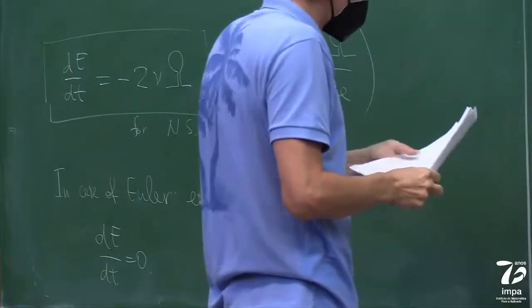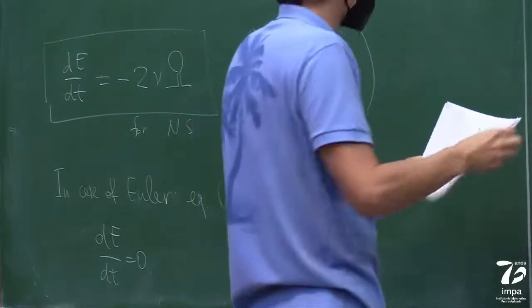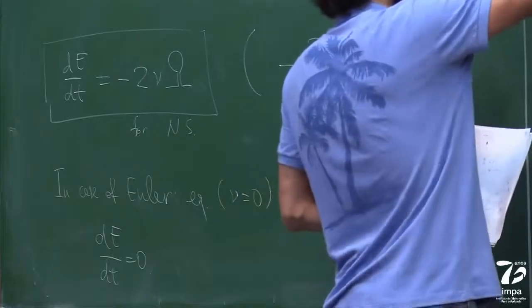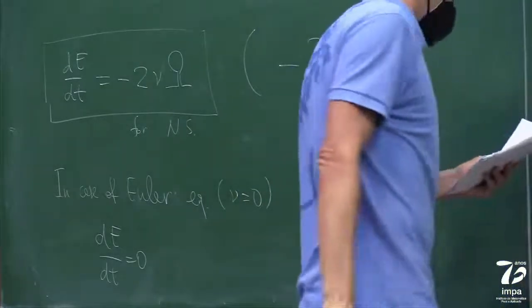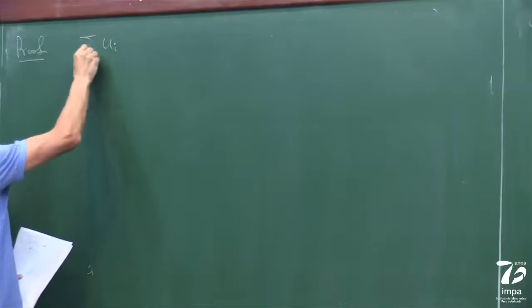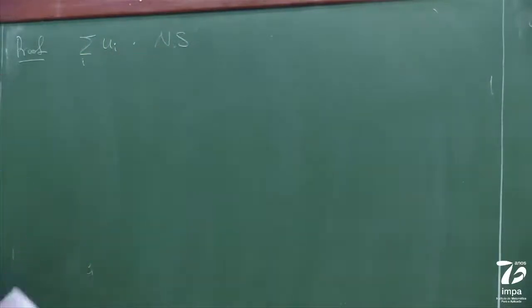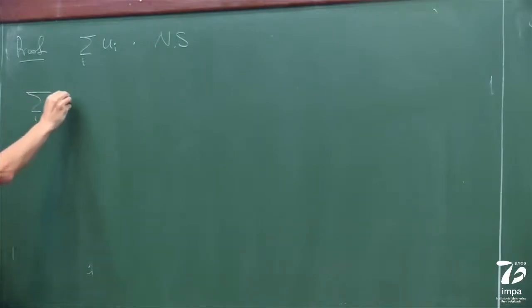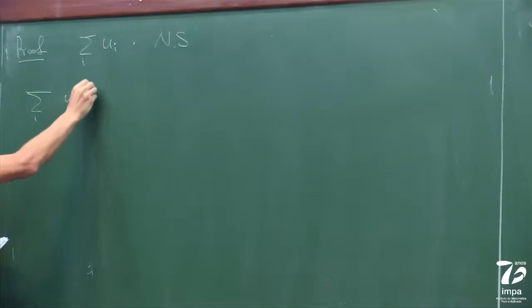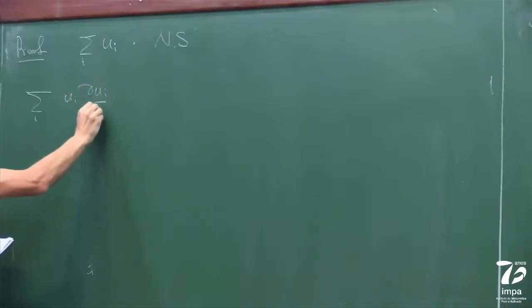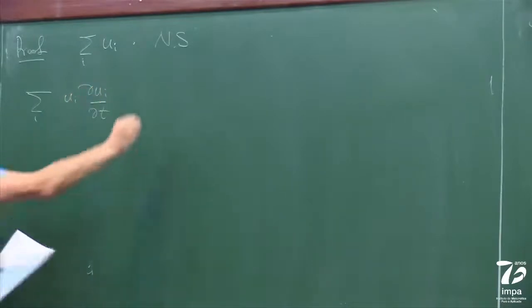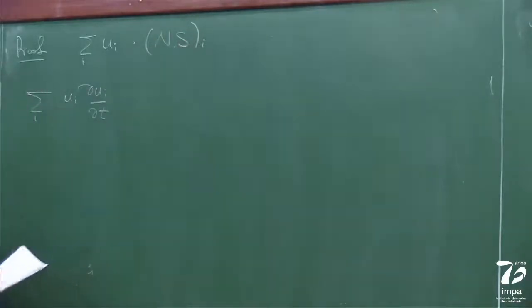Okay, so let's prove it. What we do is take Navier-Stokes and multiply it by the component ui and sum with respect to i. Term by term, it is ui d ui/dt, taking each component of Navier-Stokes.